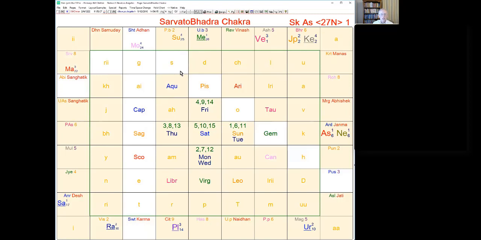And particularly, you can't see the aspects, the nakshatra-based aspects, which are called Vedas. So if you click on the moon here, you see rather clearly, I hope, that there are aspects or Vedas coming from the moon to certain places. And if you click on the sun, you see the Vedas. Now, these are two-way things.